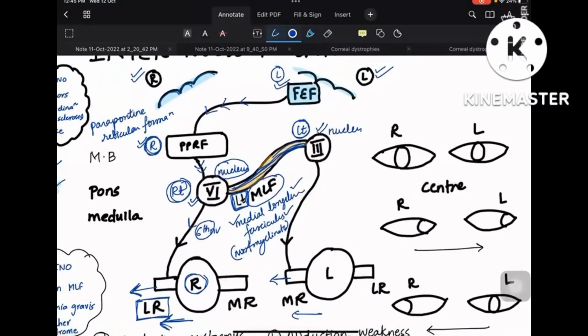The MLF which connects right sixth to left third is called the left MLF, whereas the MLF which connects left sixth nucleus to right-sided third nucleus is named the right MLF. Remember that point: MLF is always named by the third nucleus it is ending at. Here it is ending at the left third nucleus, so you name it the left MLF.